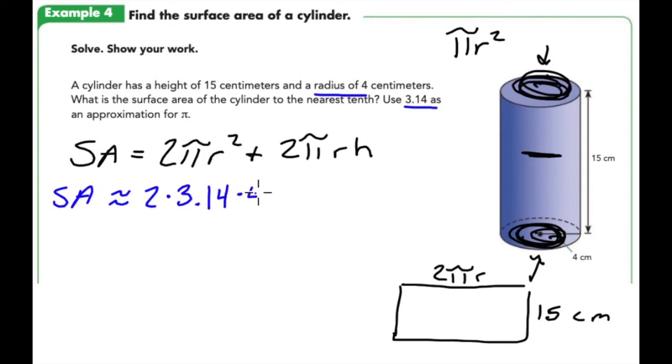So times 4 times 4. Then we're going to add that to, and I'm just going to throw this in parentheses so we know to do that first, or to do it on its own, 2 times 3.14 times 4, which is our radius, times 15.